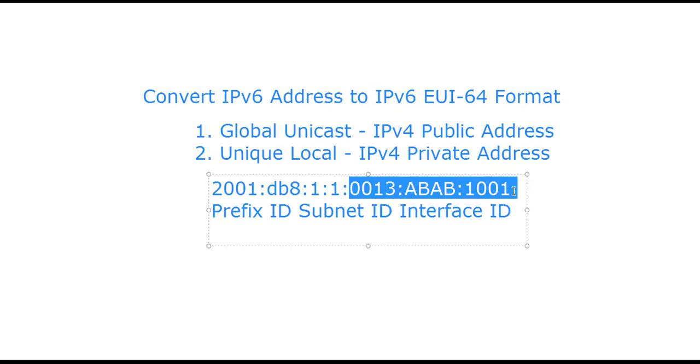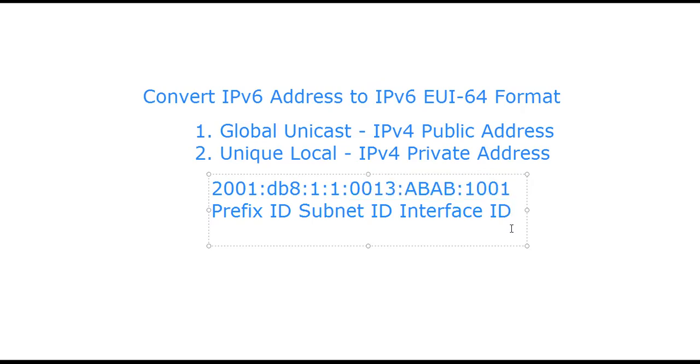So I am going to use this IPv6 address for the conversion to EUI-64 format. To convert to EUI-64 format, we need a subnet ID and a MAC address, which we both have in this case. So let's convert it.